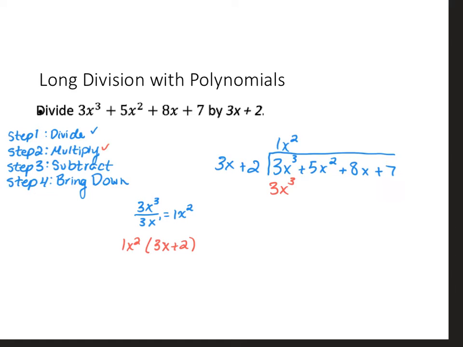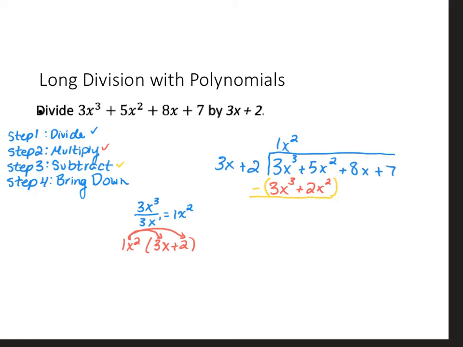So 3x cubed when I multiply, and then 1x squared times 2 is 2x squared. Okay, once you have multiplied, my next step is to subtract. And that is a positive 2x squared, so I should have a plus sign there. Now, the biggest mistake that people make when they're subtracting is that they forget to subtract all terms.